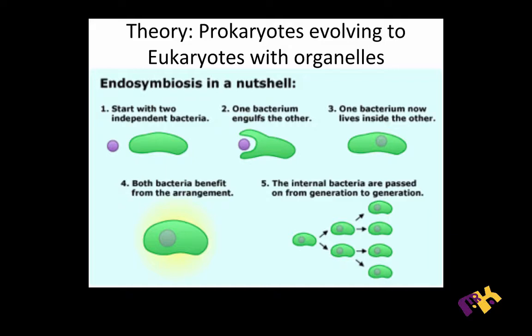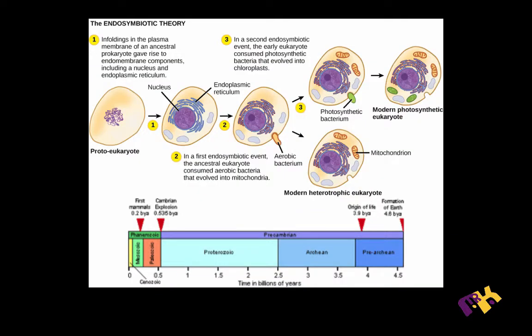All right, so if we have one more slide here, this image is a little bit more clear-cut. There are three major steps that got us to what we consider our modern eukaryotic cells. The first thing that happened was we had the cell membrane of this proto-eukaryote. Not quite a eukaryotic cell yet, but on its way. There was so much extra cell membrane that it started to fold up on itself, and then it became part of the interior of the cell.